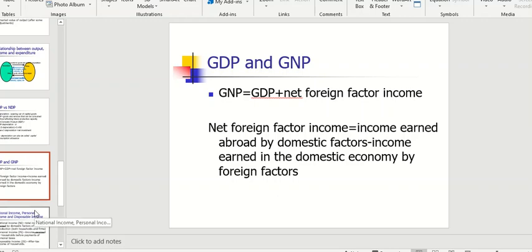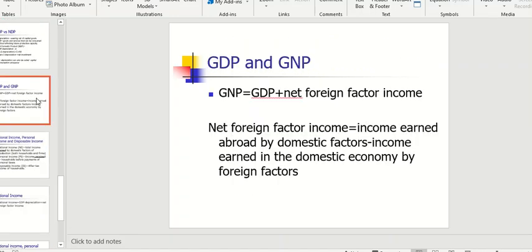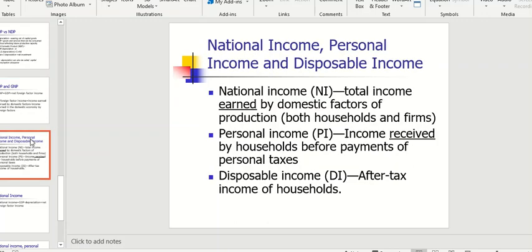Now, I keep saying income earned by domestic factors of production, domestic inputs. In fact, there's a shorter name for it. It's actually the national income.